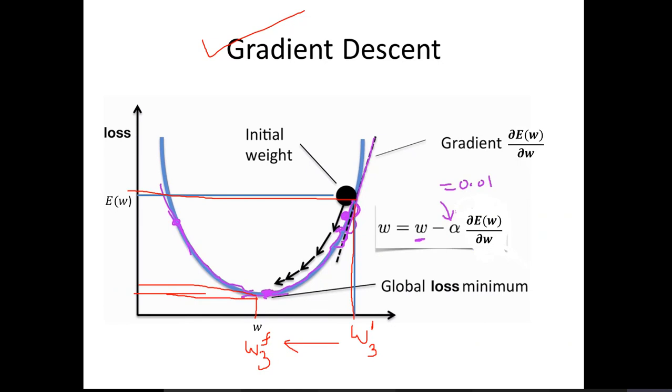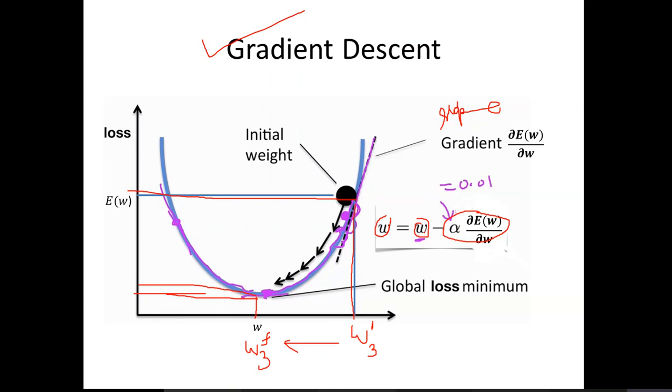So it says this new W should be equal to old W minus alpha into the gradient of the error function, because the gradient is nothing but the slope in two dimensions. Slope in multi-dimensional is called the gradient. So you can also call it slope for the time being in this example.